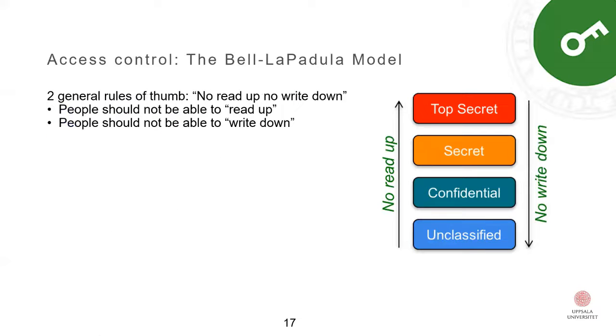There is a rule here which is very famous. It is called the Bell-LaPadula model, and it suggests two rules of thumb. It says that we should not have the possibility to read up, meaning that when you have files that have different confidentiality levels, when a person is allowed to read only some lower level, they should not be allowed to read the files in the higher confidentiality level.